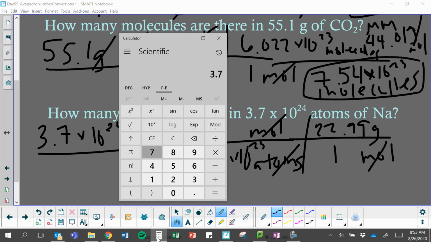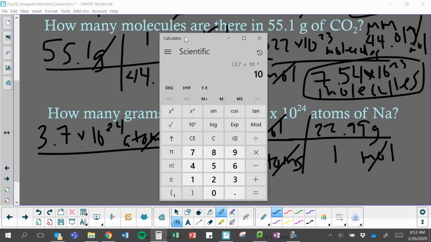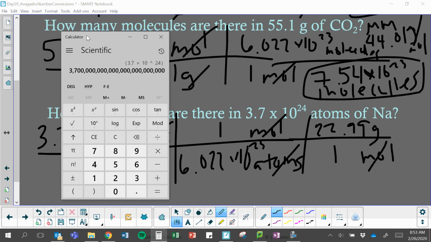So this time we're going to do 3.7, let me put that in parentheses, times 10 to the 24th. And then we can multiply by our 22.99, and then divide by our Avogadro's number.